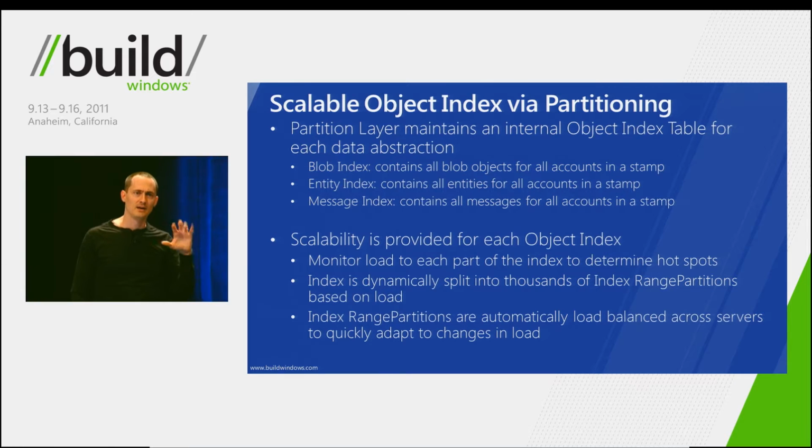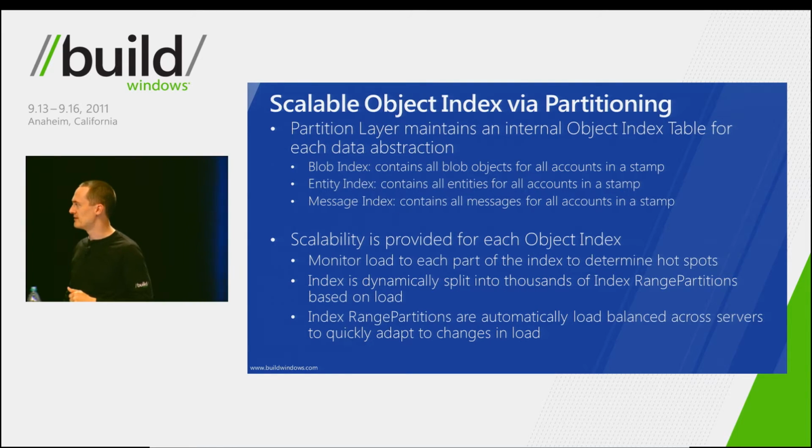And then the partition layer, what it does is it monitors this index dynamically. And it finds hotspots that are starting to form, and it load balances this index across the servers and spreads it around. So it basically dynamically looks at what load is going to what part of the index, and then moves it around to different partition servers.